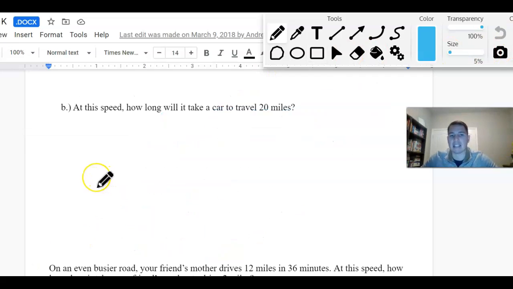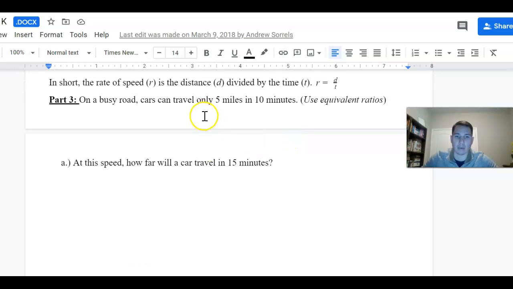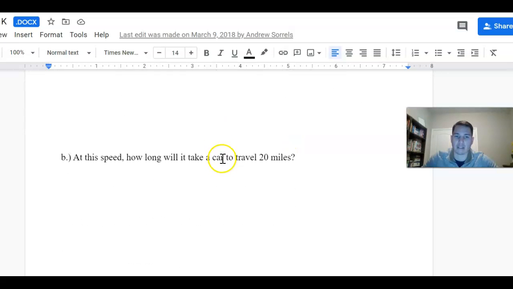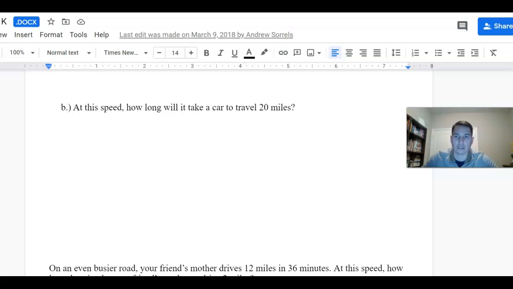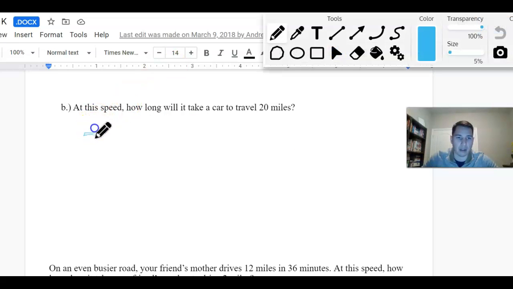Okay, at this speed, how long will it take the car to travel 20 miles? So again, our rate is 5 miles in 10 minutes. So let's start with our rate. 5 miles in 10 minutes. And we want to know how long it would take to get 20 miles. So now we're not looking at the denominator, now we're looking at the numerator.